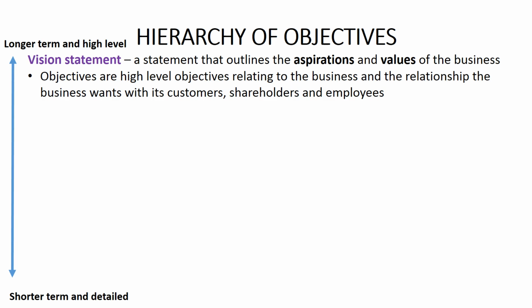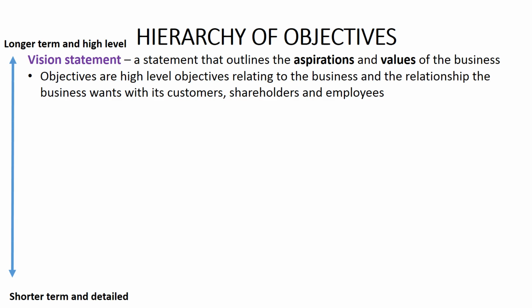Now, turn to your summary books where you've got that table that you've drawn up. You'll see that the second column is entitled Purpose of Objectives. You can now describe the purpose of the objectives in a vision statement, and that is to outline the aspirations and values of the business. In other words, the vision statement for a business sets out what the business wants to become in the future. It's looking very much at the longer term.